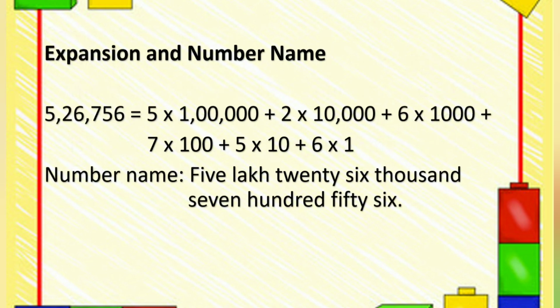Expansion and number name. Now children, the number is given, 526756. Now you have to first write it in expansion form.